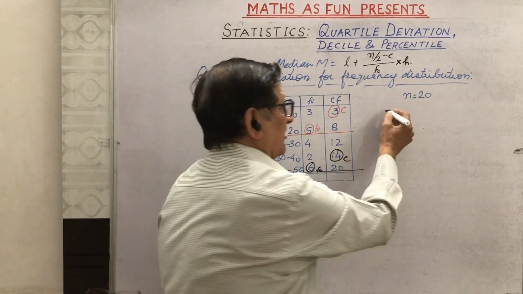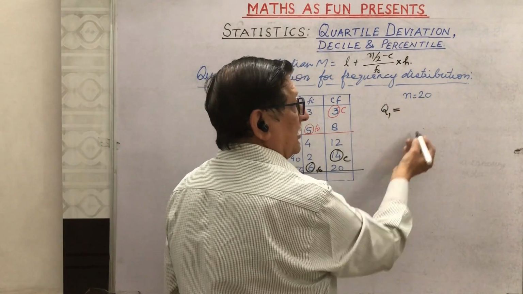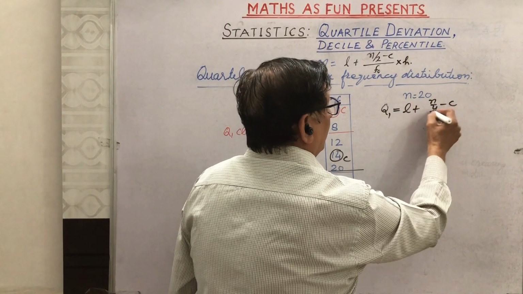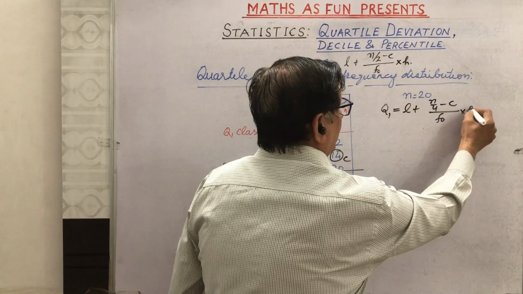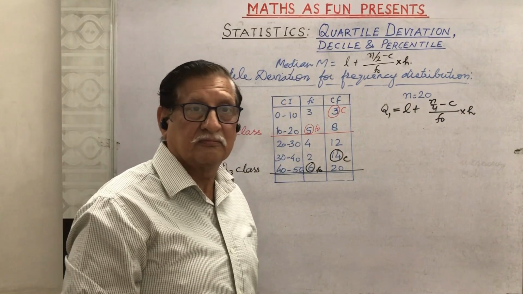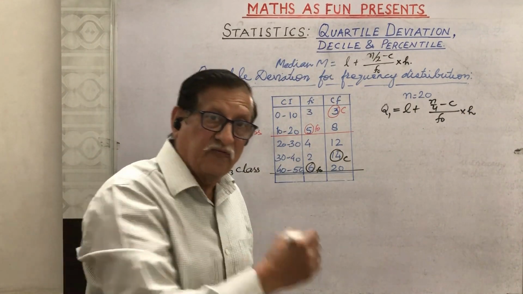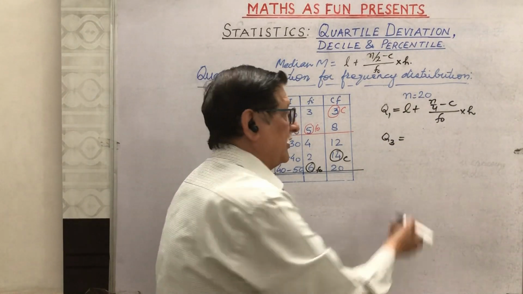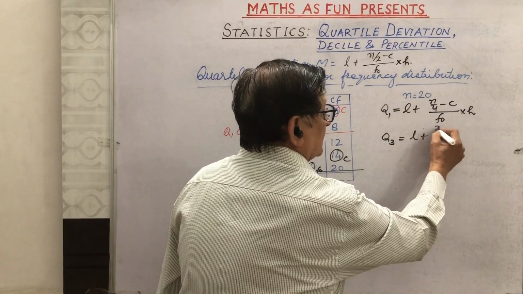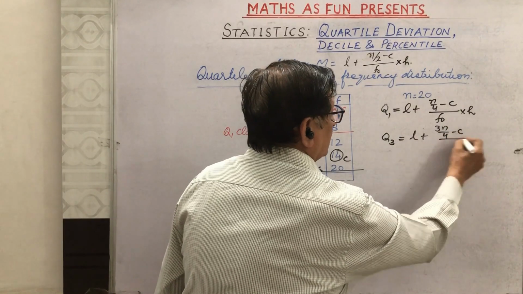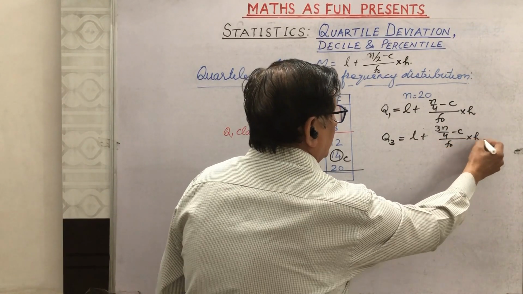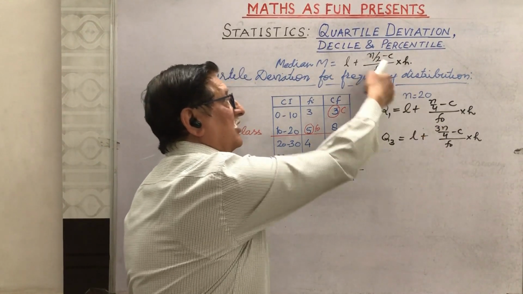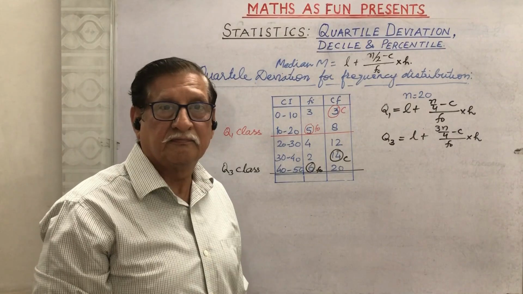So the formula for Q1 will be L plus (n by 4 minus C) upon f0 into h. And the formula for the third quartile Q3 will be L plus (3n by 4 minus C) upon f0 into h. These are the similar symbols as we had used here.